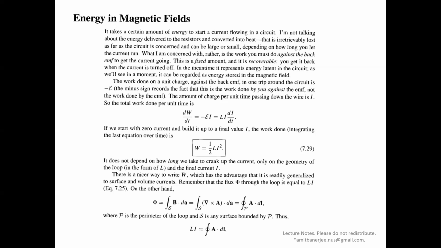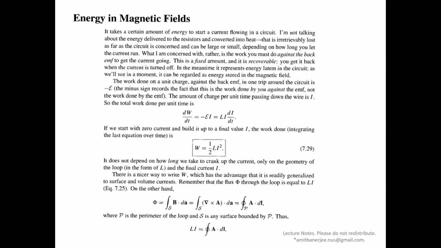There is another way to write the work done, which will be stored as energy, which has the advantage of readily generalizing to surface and volume currents, if we do it in terms of flux.